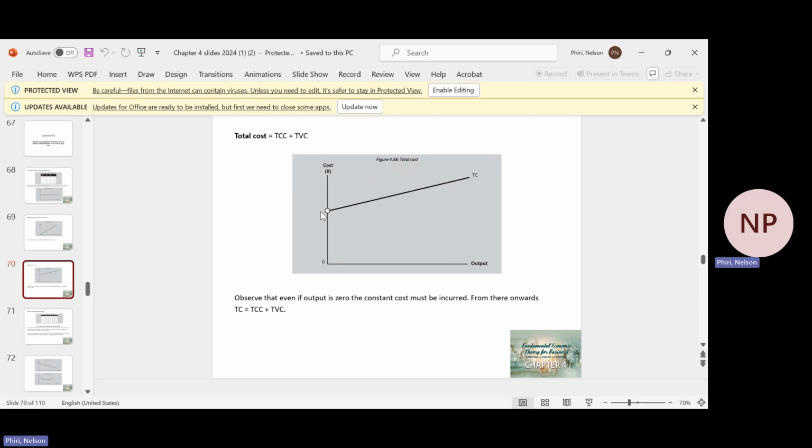So that's where your total cost graph starts, where your total constant costs are, then increases upwards. The part increasing upward from the total constant cost line is the total variable cost. So again, TC equals TCC plus TVC, TCC being total constant cost and TVC being your total variable cost.